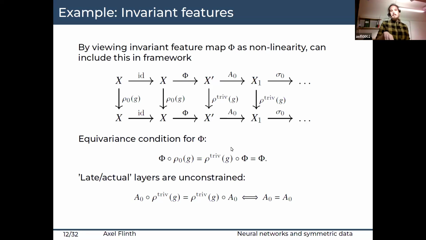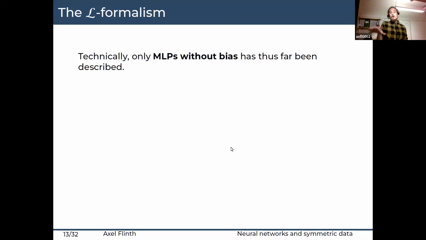Now, one should maybe comment here that in my sketch, at least, I've said that the first linear map here should be the identity. So this is a fixed map. This does not really play along with what I wrote down before, but it actually leads me to the next slide, because if we want to go a bit further than only multilayer perceptrons without bias, so fully connected networks without bias, we need to work a little bit more.